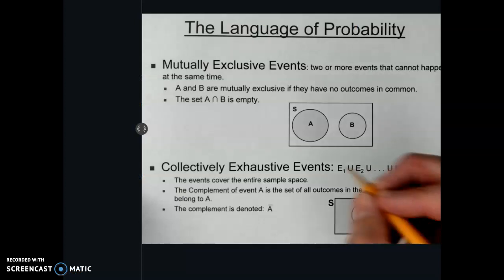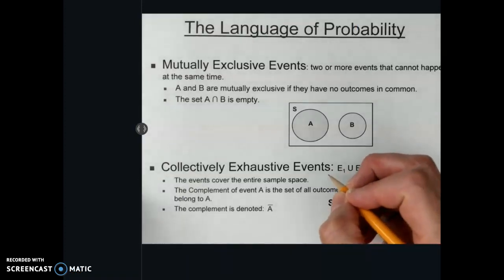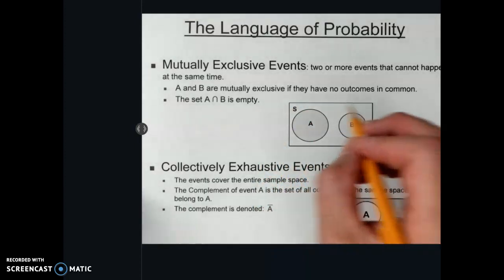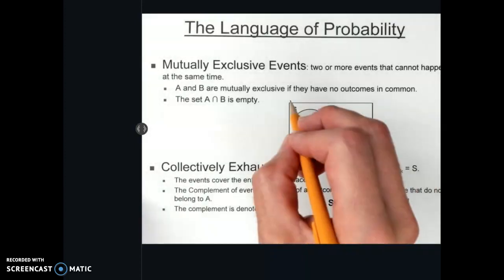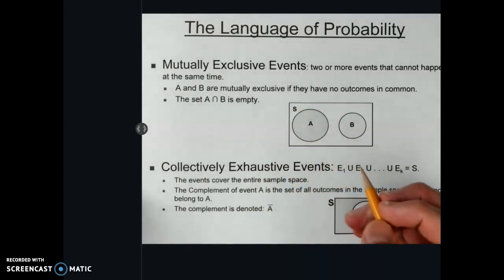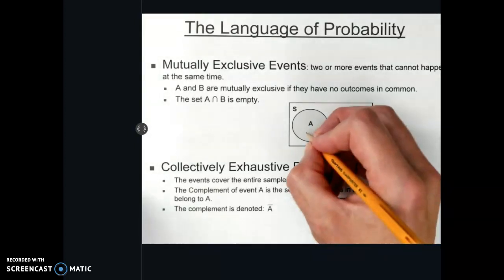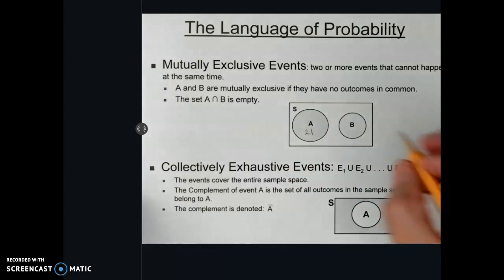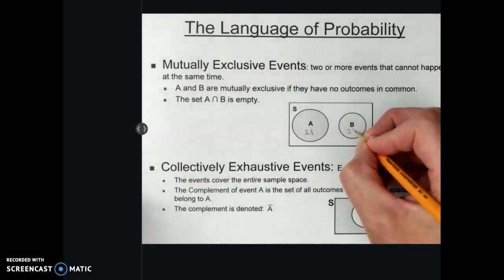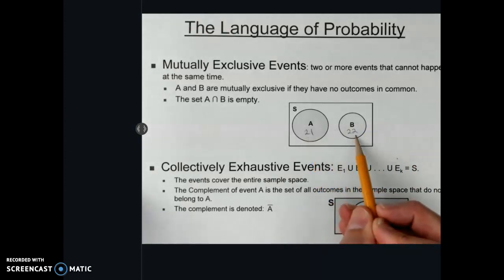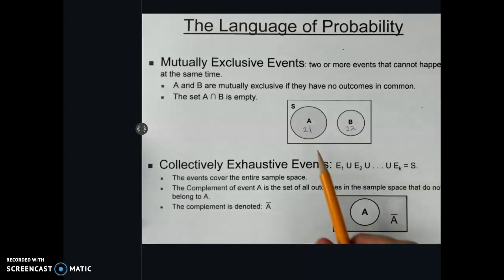Let's imagine, for example, that we take the typical college classroom for economics. So that's everybody, maybe 50 students in a college classroom. And let's say that event A are those students that are aged 21. And event B are those students that are aged 22. Well, you can't be 21 and 22. So we would consider A and B mutually exclusive.